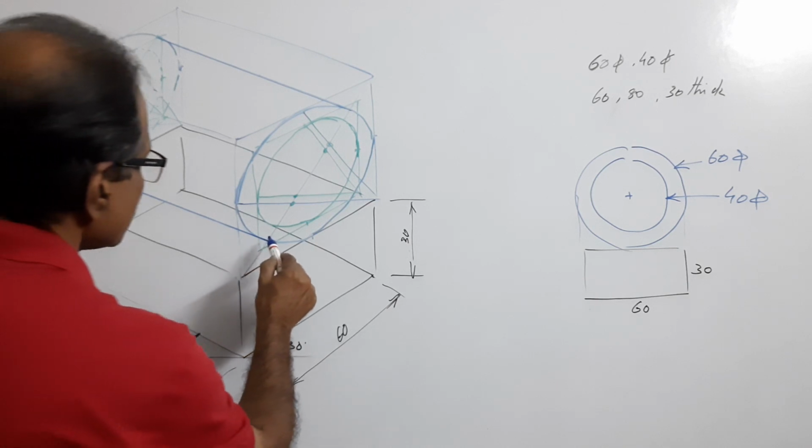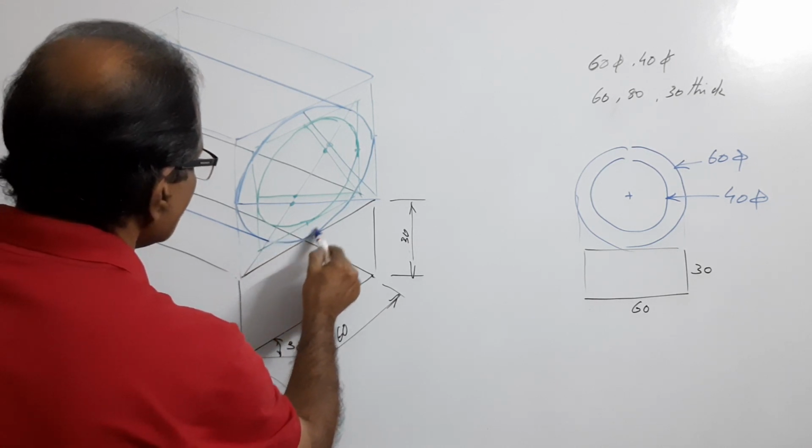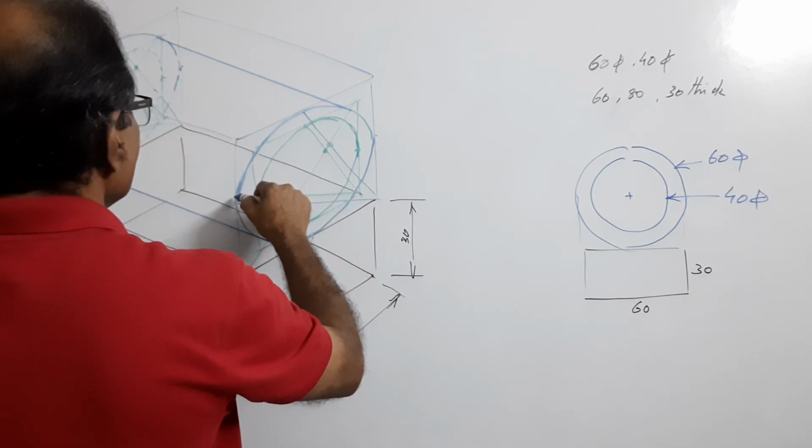Draw the tangents. Now this is firm. Whole ellipse is firm.